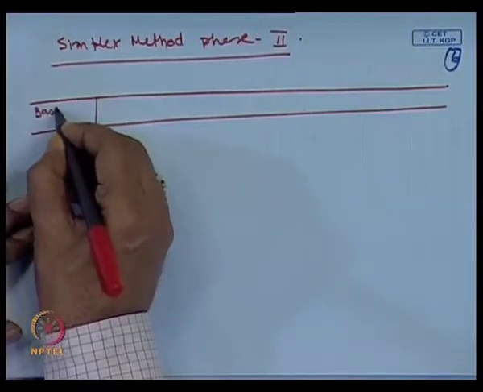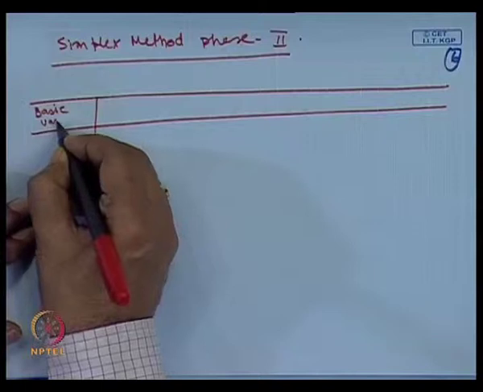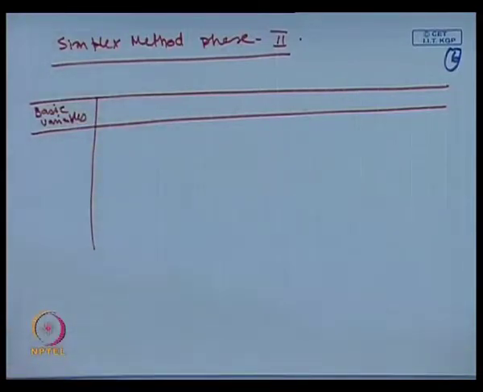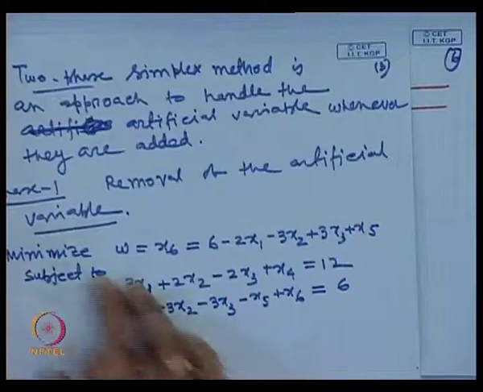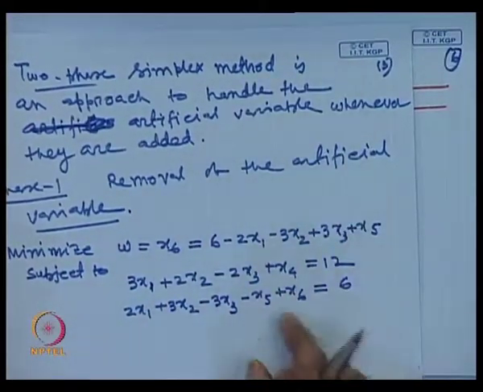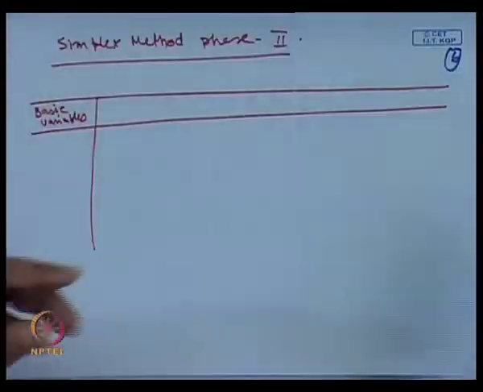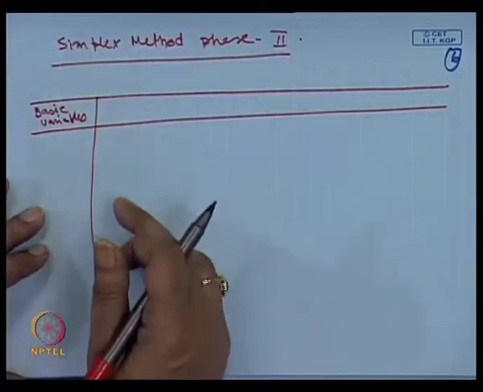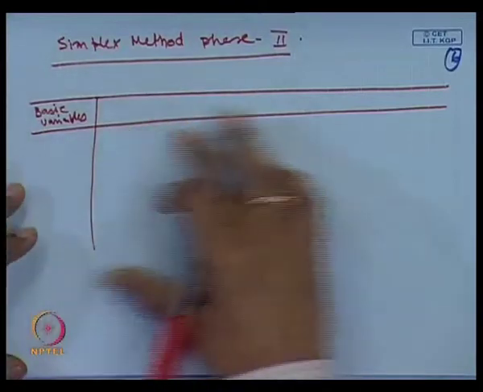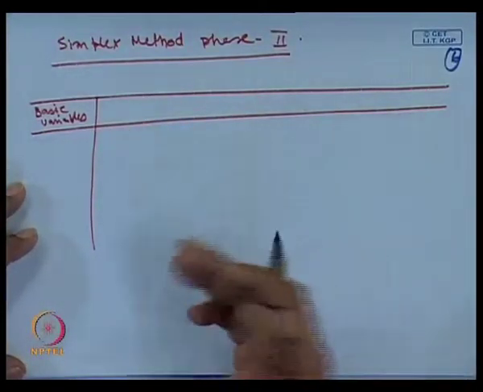Basic variables. See from this equation, our optimization value is 0. So now the only thing left is x6 is 0, agree? During phase 1, our tabular equation is now changed like this.